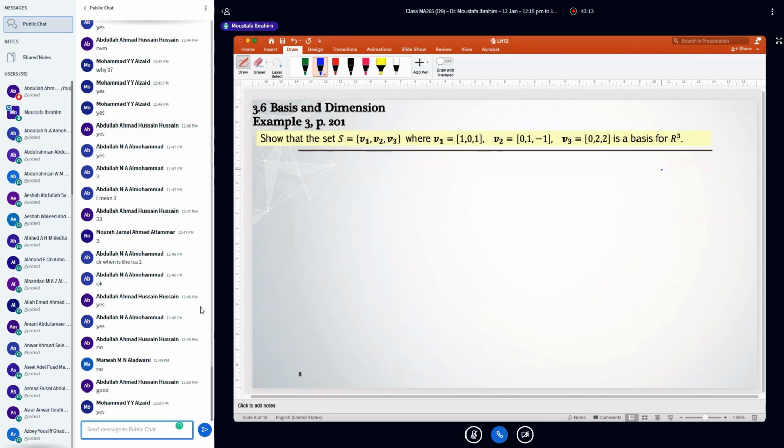We have to check if it's spanning plus linearly independent. But if we had four, directly we stop. We say no, it's not a basis. Or if we have two, it's not a basis. Any number different than three, directly we can say no, it's not a basis. No need to prove it. You understand what I mean?